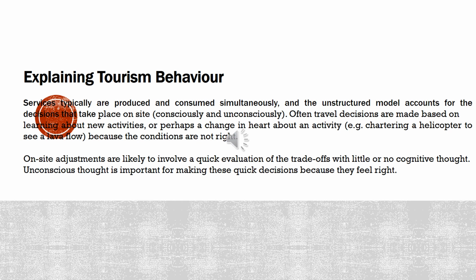Services typically are produced and consumed simultaneously, and the unstructured model accounts for the decisions that take place on site, consciously and unconsciously. Okay? Often, travel decisions are made based on learning about new activities or perhaps a change of heart about an activity. So here, as it says, the tourist is changeable, depending on his or her motivation.